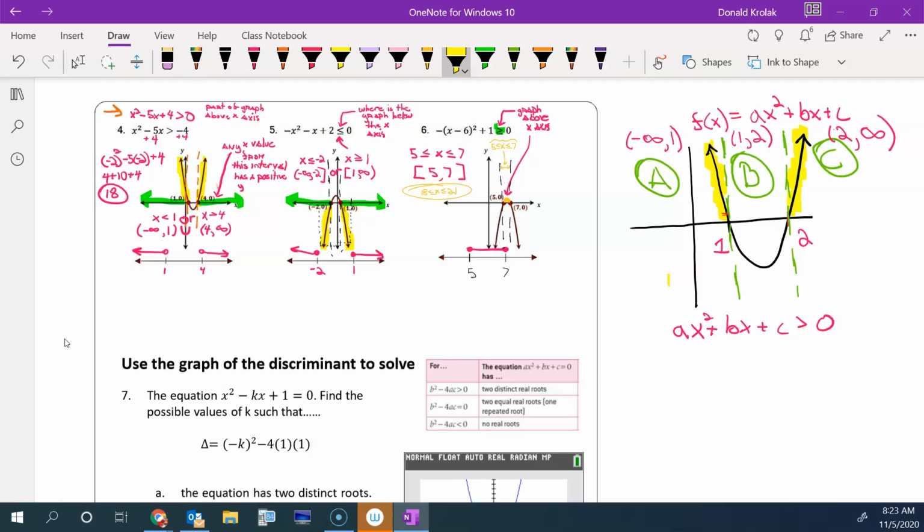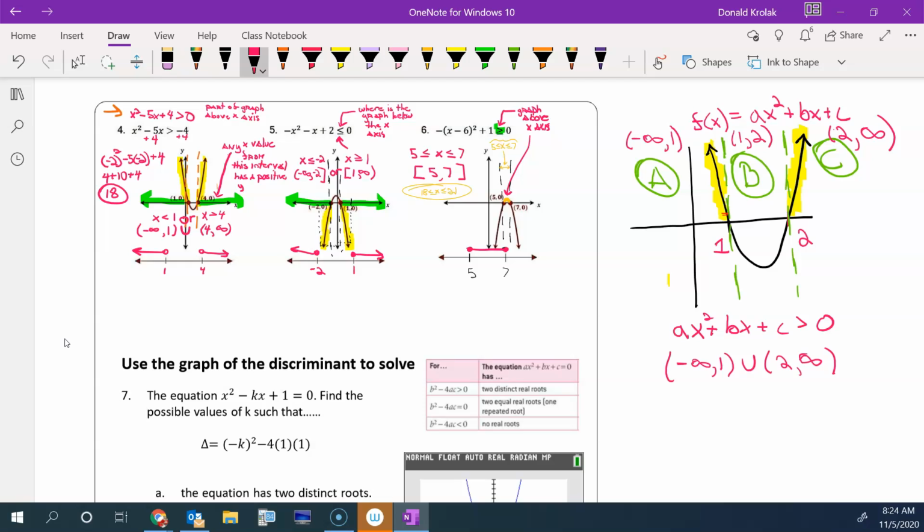The two sections where it's positive would be the interval at A, to the left, and it's also greater than 0 on the other side of the critical point, from 2 to infinity.